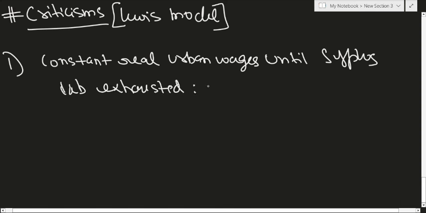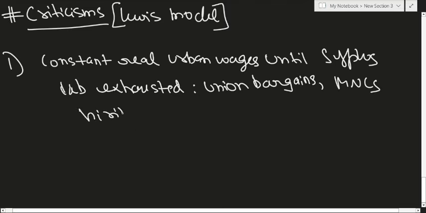But this is not really true because there are structural factors and institutional factors in the urban market such as union bargaining powers, and MNCs hiring processes which tend to distort this competitive market, and in the modern sector the labor market is not able to function at the most efficient level.